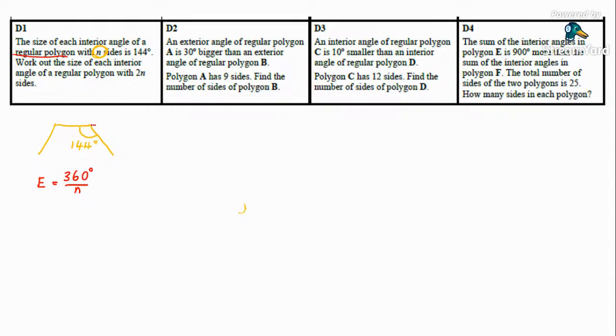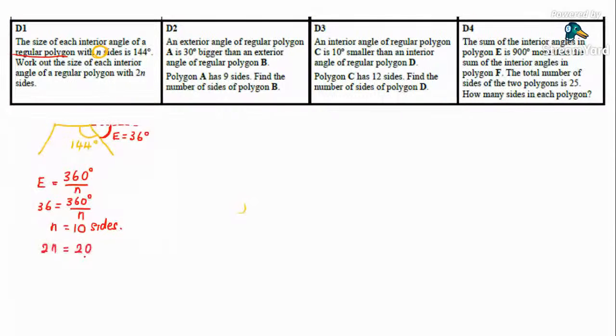We extend this and find our exterior angle, which equals 36 degrees. So 36 equals 360 over n. Therefore, n equals 10 sides. So if n equals 10, 2n is equal to 20.